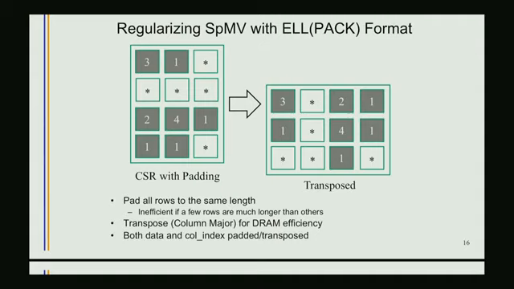But if I had one row that had lots of non-zeros compared to other rows, then I end up padding everything, and I may end up creating a matrix that's not substantially smaller than the explicit one, right? Yes, that's a problem with the ELL format.